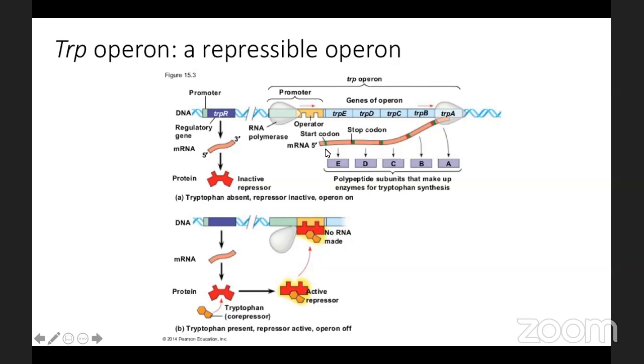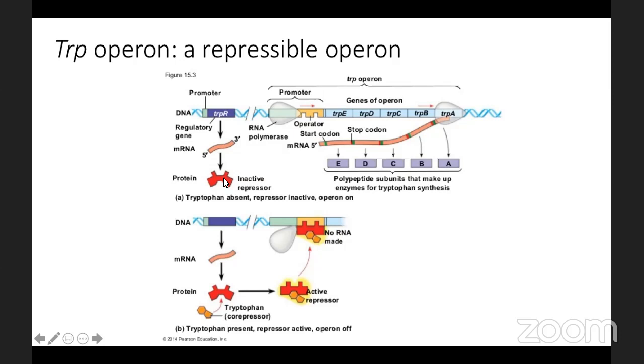We've got the same schematic where we have an operator that acts as the on or off switch, and the genes that we want to express or maybe not express. At its base state, we would want to make tryptophan so that we can build protein.